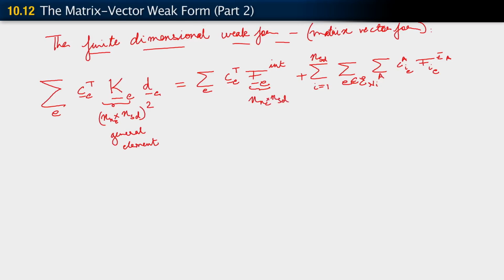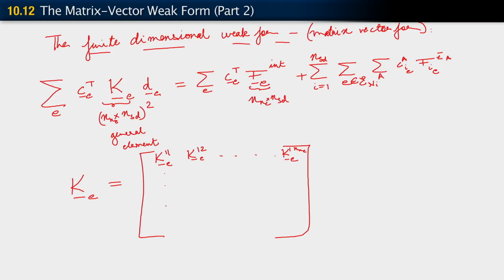Just to point out, our K_E matrix now is constructed of many 3 by 3 blocks, because each of the K_AB was a 3 by 3 block. So we have a 3 by 3 block K_11^E, another 3 by 3 block K_12^E, and so on up to K_1,NNE^E.